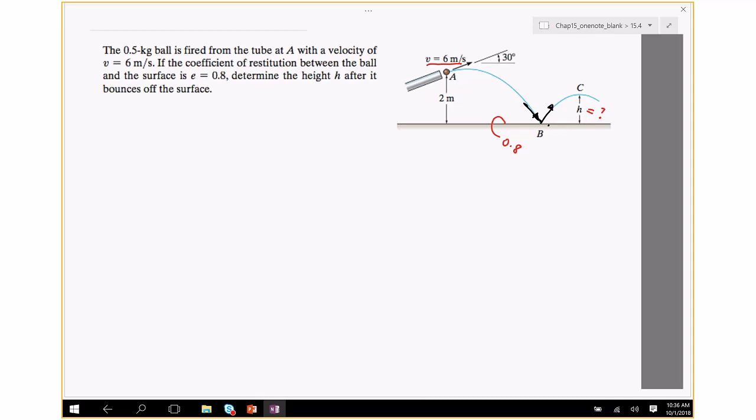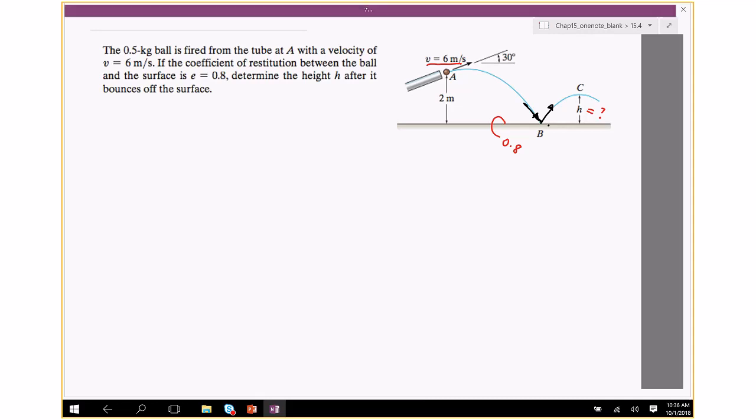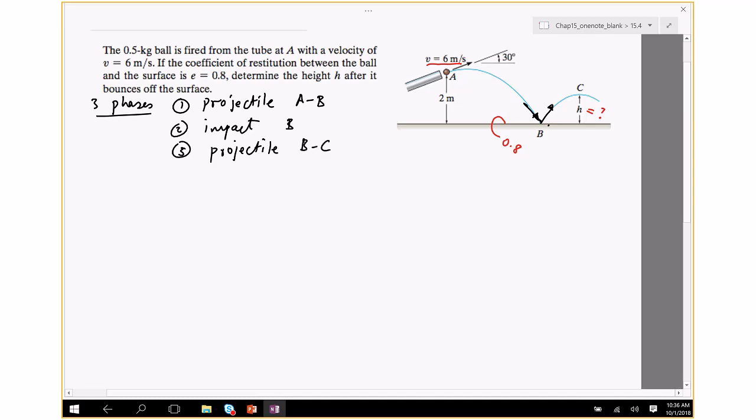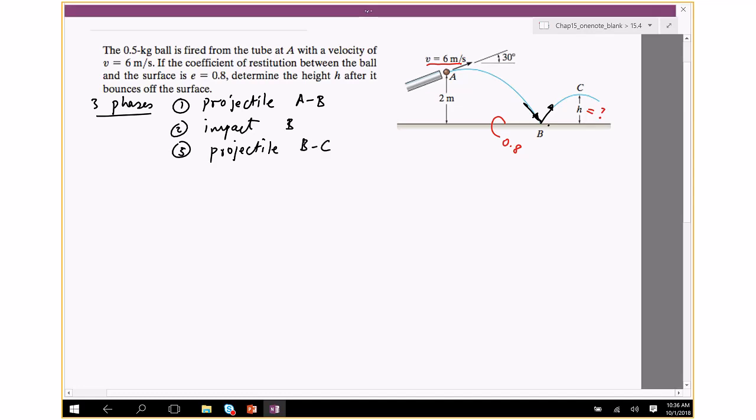So my first goal is to solve for the velocity at B before collision using the projectile motion equations which we have studied in the past. We divide this problem into phases, technically three phases. One is projectile motion from A to B. Then there is impact at B, and three is projectile motion from B to C. Okay, so let's do it in three parts, and only solve for things we care about.